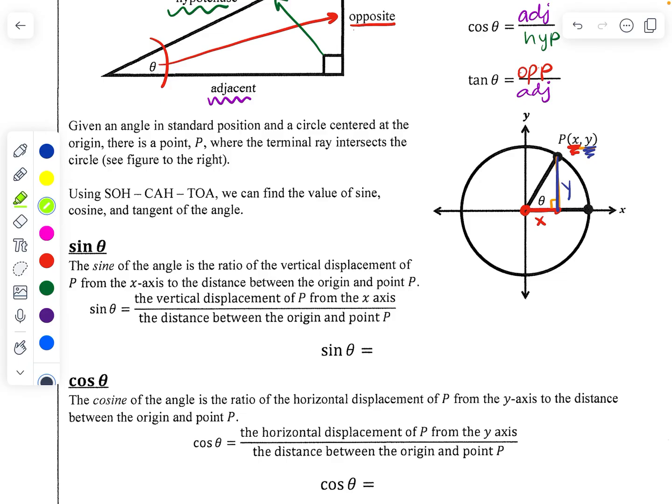So remember here, as we're talking about sine, that it's the vertical displacement over the distance between the origin and the point, okay? So we say vertical displacement over the origin of the point. Otherwise, we can call this the y value. We see this right here.